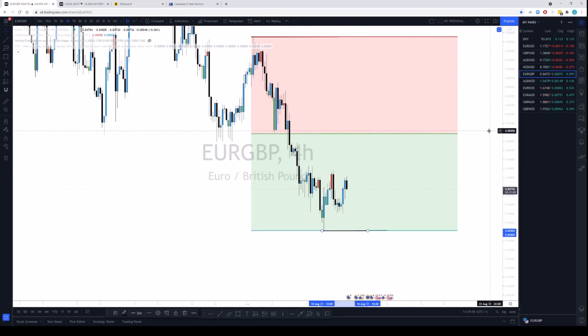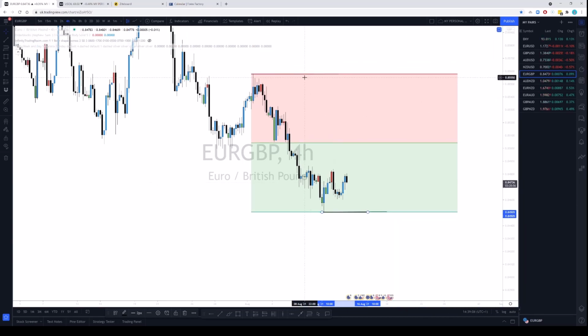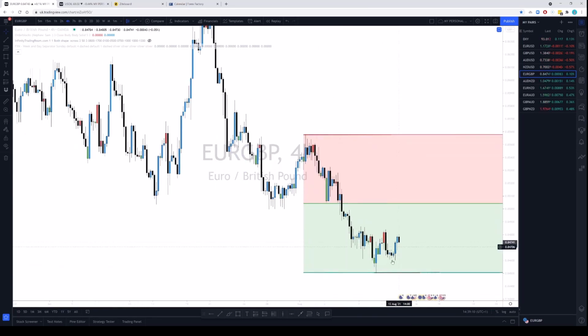All right, so if you look at the inducements that I'm showing you, they all have this kind of phenomenon. They have price taking out a previous low and creating that order block there, and the order block that forms near them is the engineered order block.